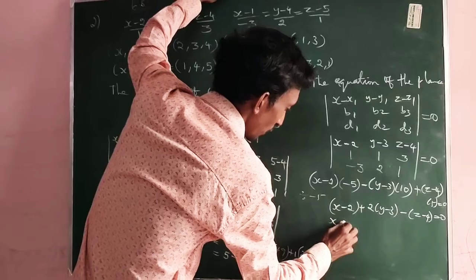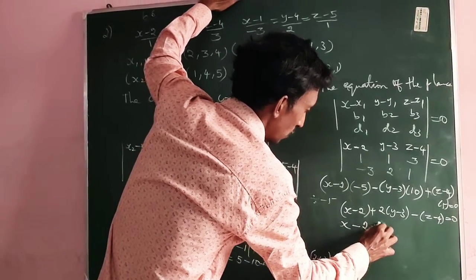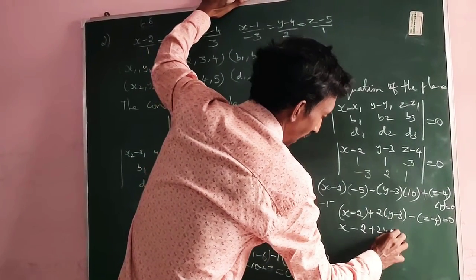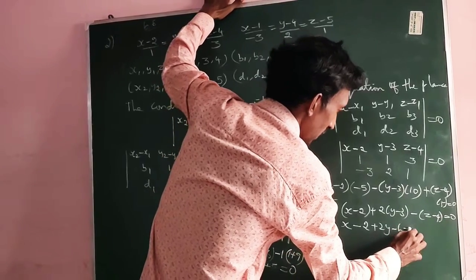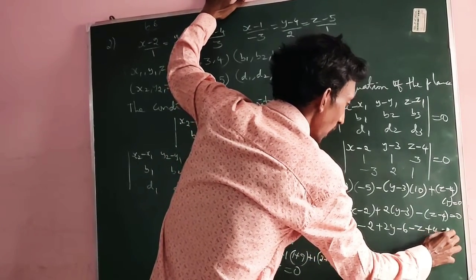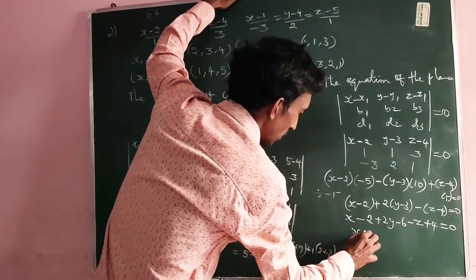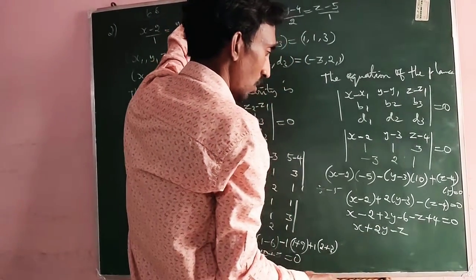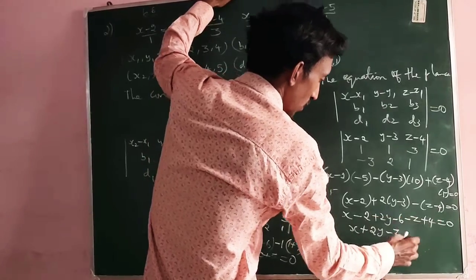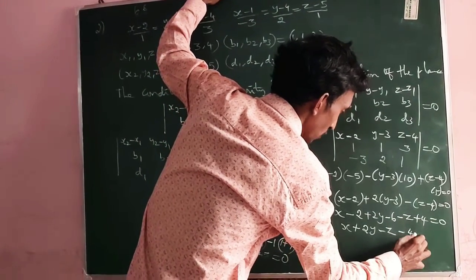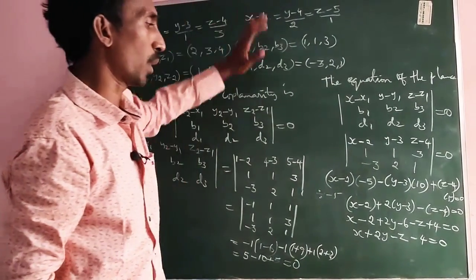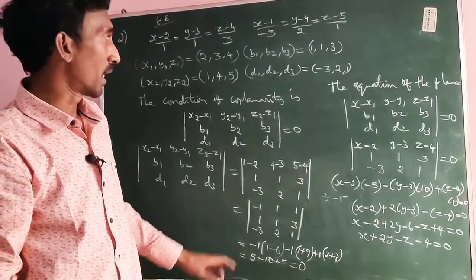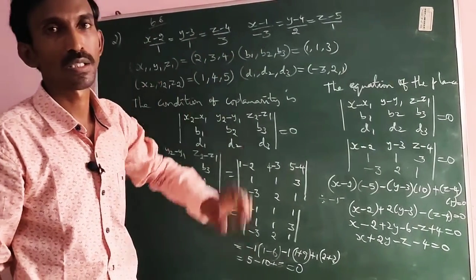So x minus 2 plus 2y minus 6 minus z plus 4 equal to 0. So x plus 2y minus z, minus 8 plus 4, so minus 4 equal to 0, which is the equation of the plane containing these two lines.